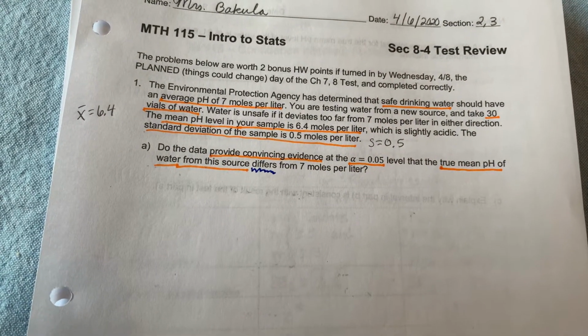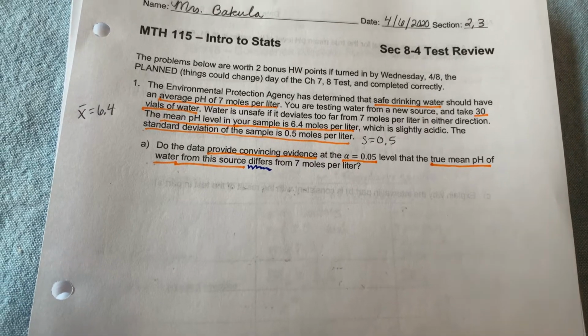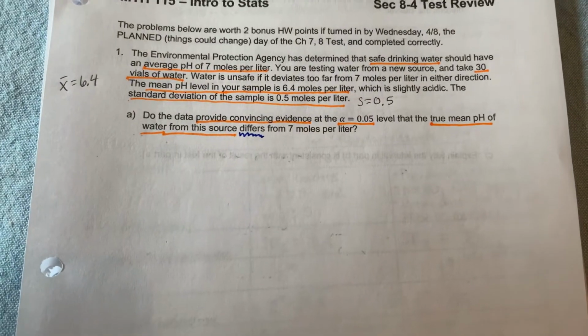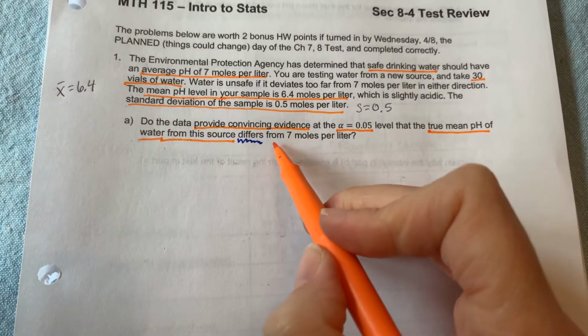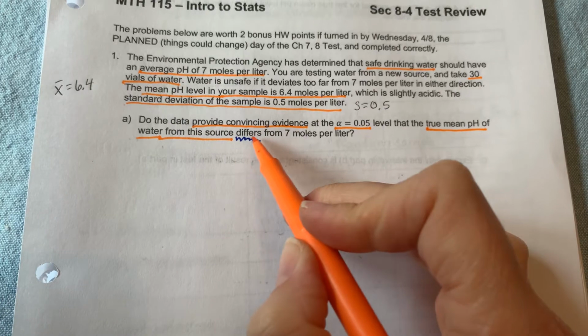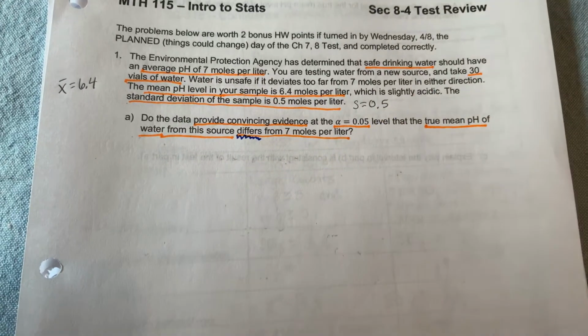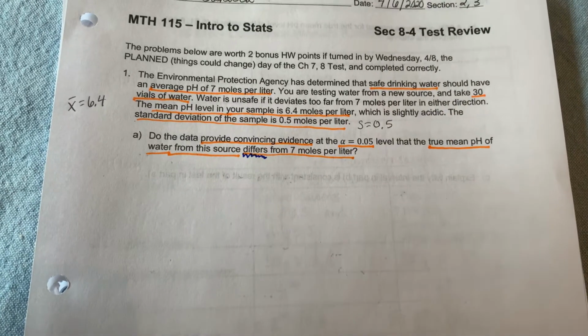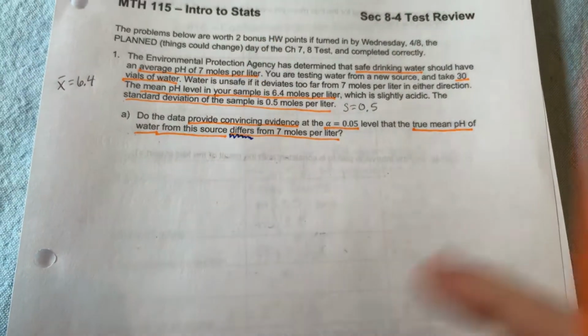That word, differs, tells me that I'm going to do a two-sided test. I know two-sided tests have been throwing you off, so we're going to go over one here. This part tells me what I want my alternative hypothesis to be, not equal to 7, which means my null must be equal to 7, which is what I was thinking from up here.